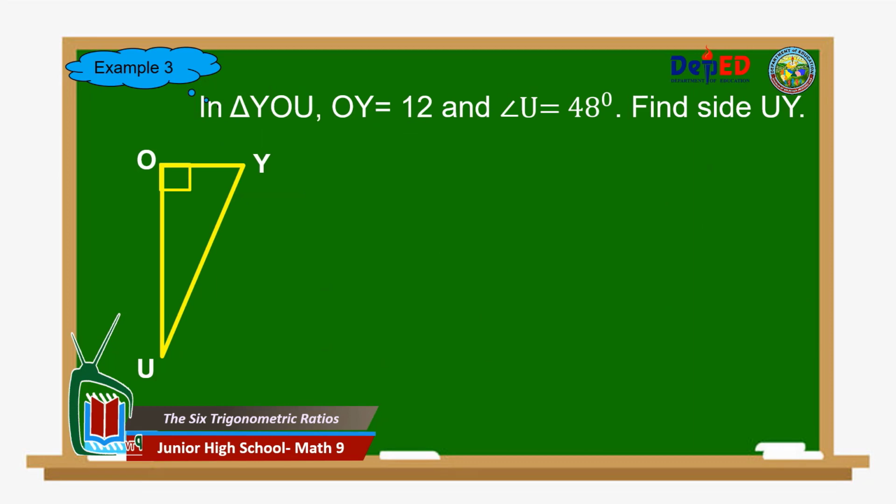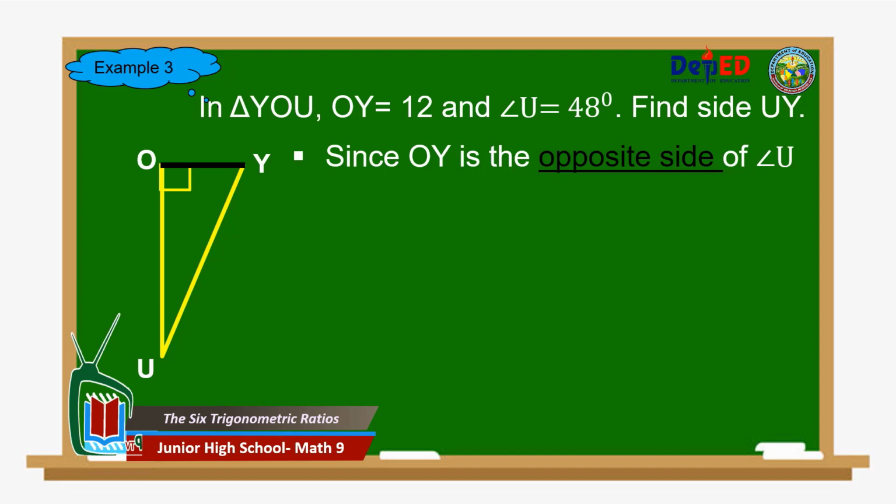For our third example, in triangle YOU, OY is equal to 12 and angle U is equal to 48 degrees. Find side UY. So on this problem, one side and an angle is given. Then we are asked to solve for another side of the triangle.